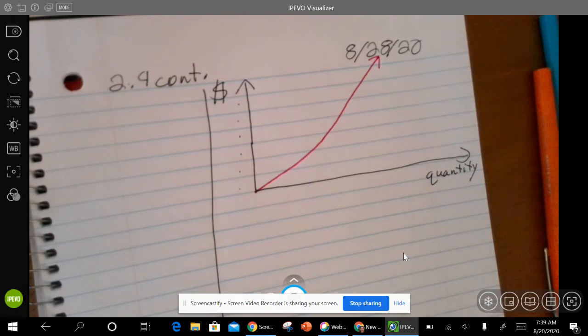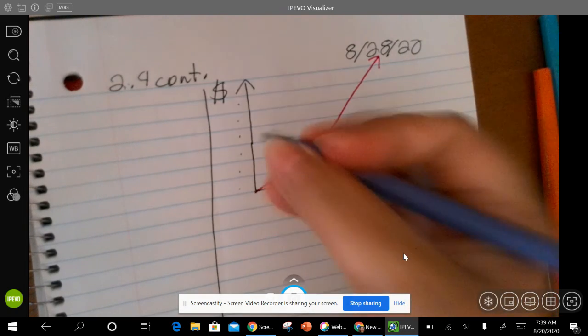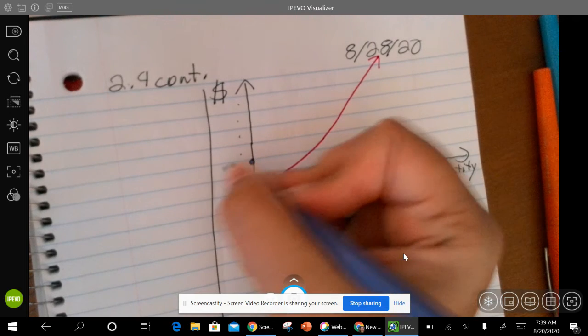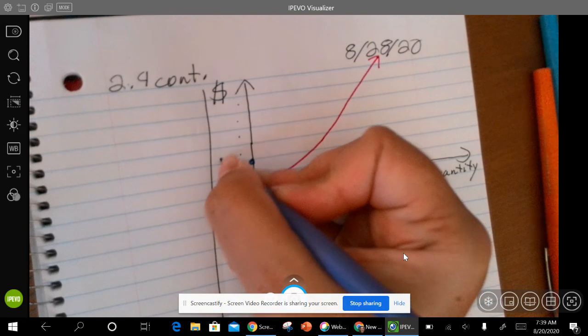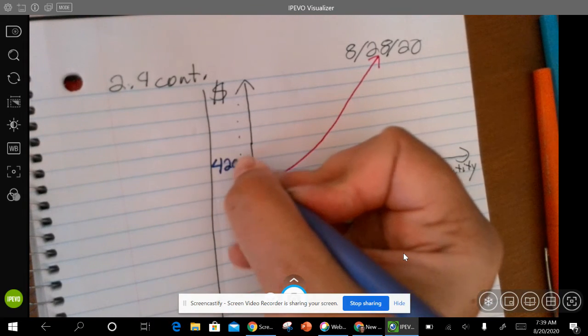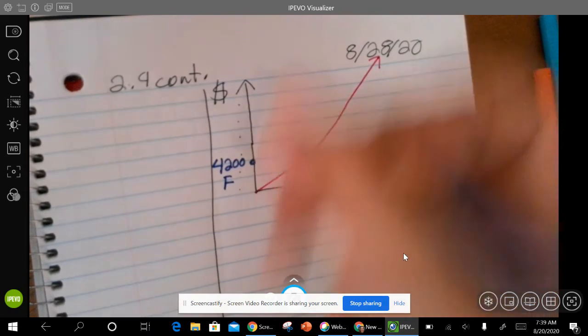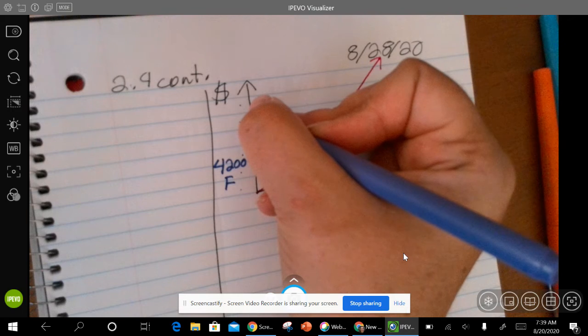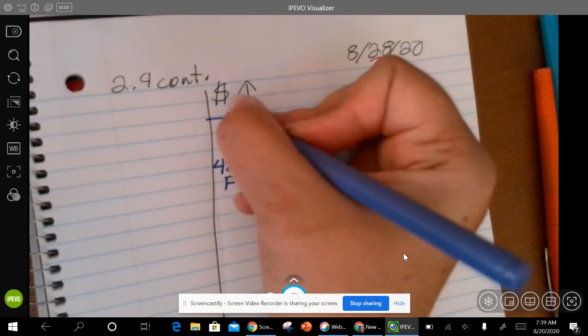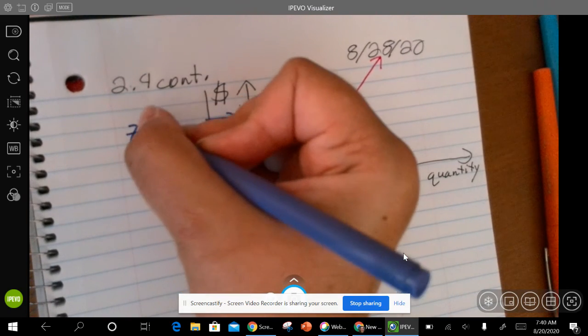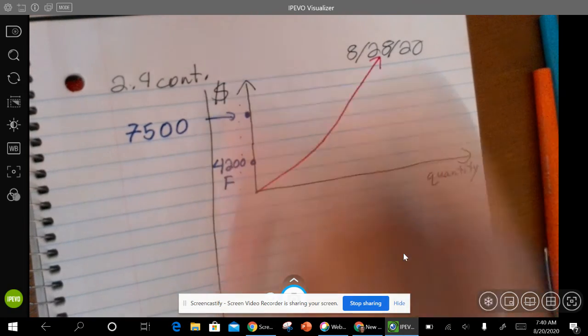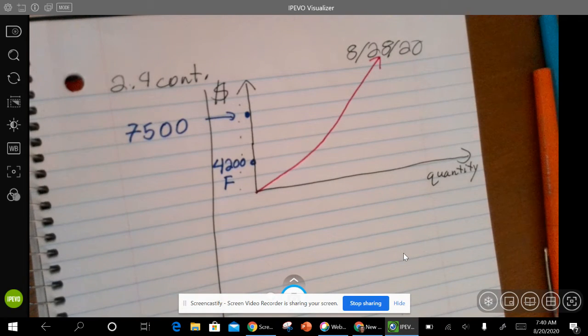And then we're going to have our expense equation. Okay, our fixed cost was 4,200. Everybody, that was our fixed cost right there. We need to make at least 7,500, everybody, to break even.